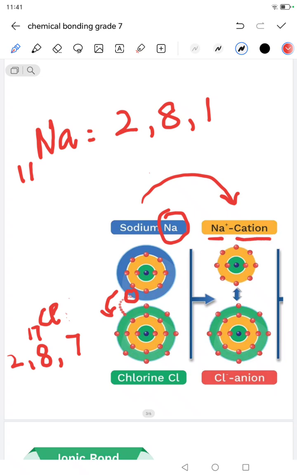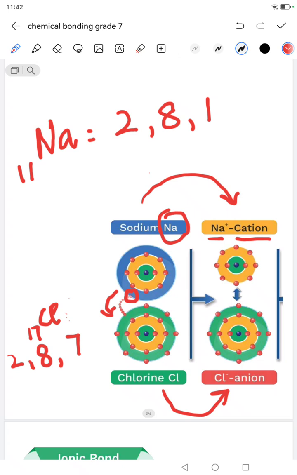The chlorine has taken that electron and changed to chloride anion. So ions are being generated. The sodium has given off its electron and changed to cation, and the chlorine, which has taken the electron of sodium, has changed to anion.